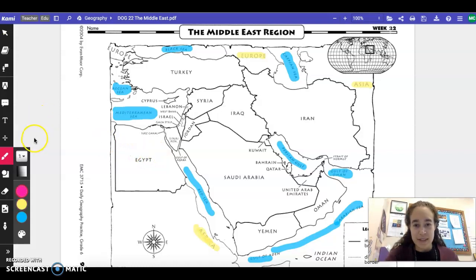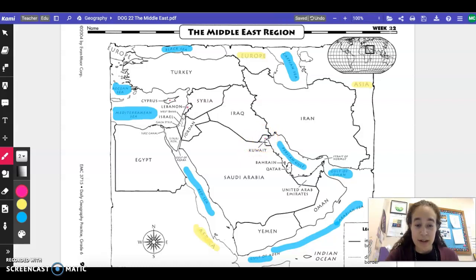Some of these countries are a little bit smaller than the others, and I'm just going to do a quick markup of those. Some of the smallest countries in the Middle East include Cyprus over here, which is an island in the Mediterranean Sea. You have Lebanon, which is a country that borders the Mediterranean Sea. Kuwait is here.